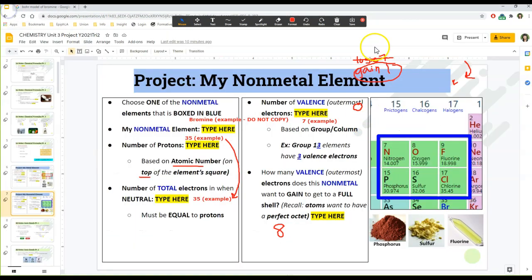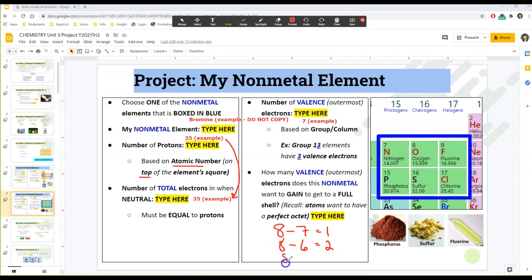Okay, so I'm going to go back over here and explain exactly what that looks like. All right, so again, we want 8 in total. And we already have 7. So to figure out what's left over, you need to subtract. I would do 8 minus 7, and that would give me 1 more valence electron that I would need. If you are in group 16, then you need to do 8 minus 6, and that would mean that you need 2 valence electrons to gain.